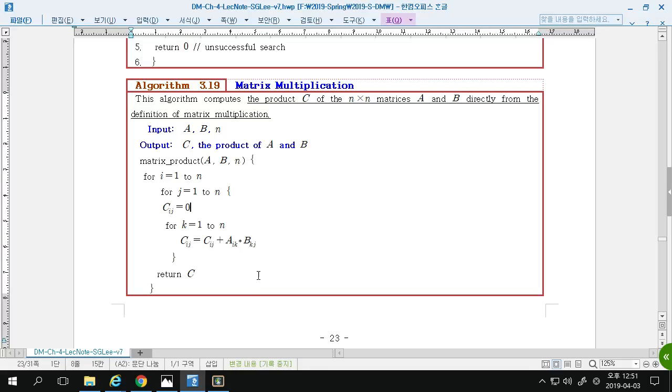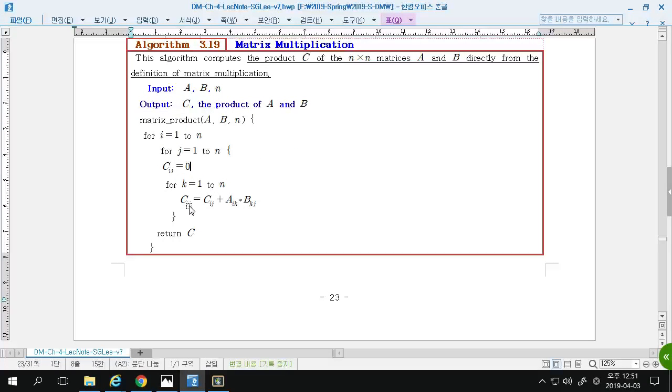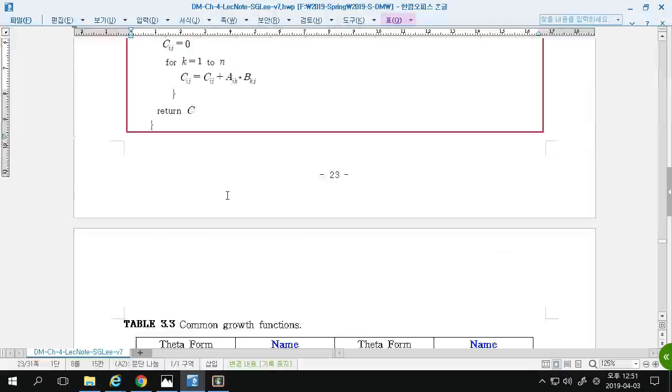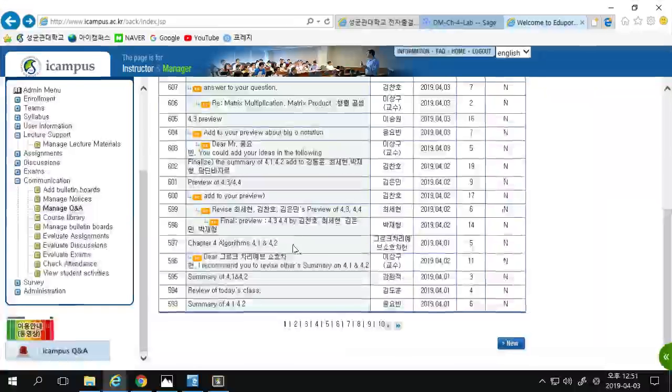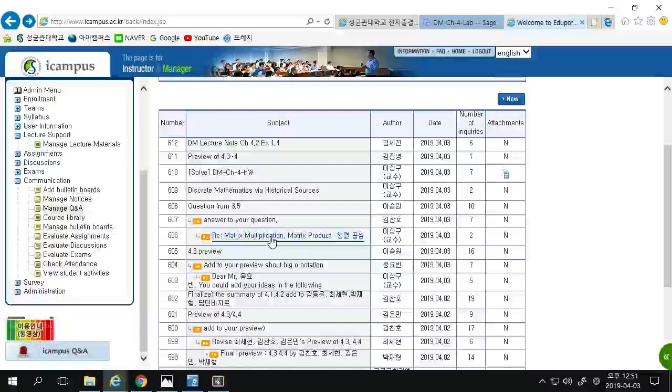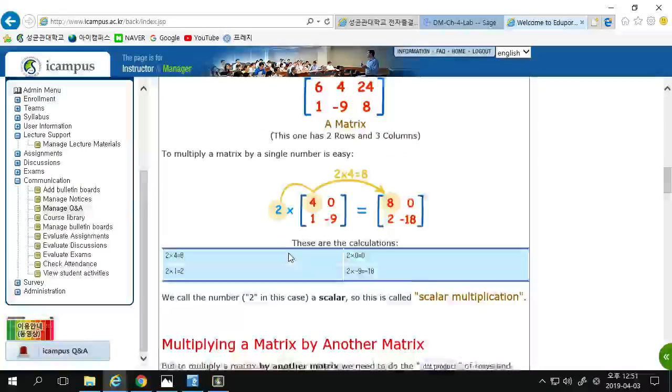This uses the rule that the inner product of a row and a column of the matrices A and B gives the entry C_ij, the ij entry of the matrix C. This will give us the matrix that I showed you here, the matrix that gives you the product.